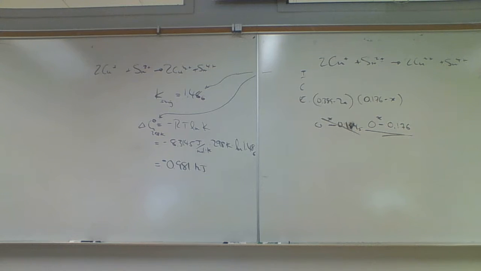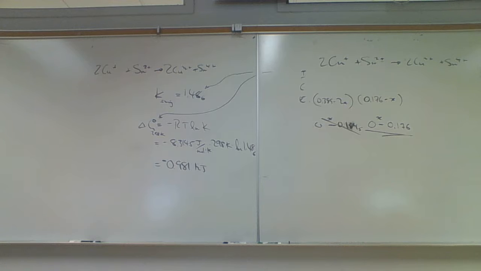Then I'm going to invert this, and then times 0.1 cubed, times 4. And I got a K value of 1.473. Close. It's supposed to be 1.486, and I got 1.473. It's pretty close.